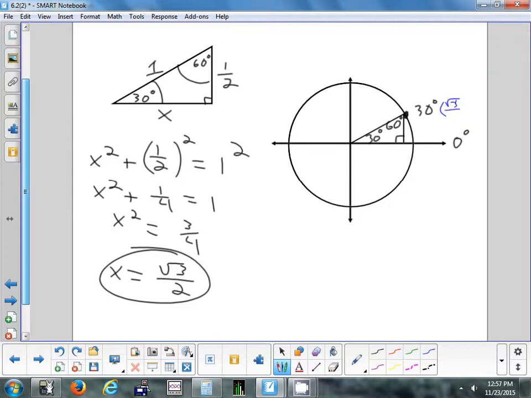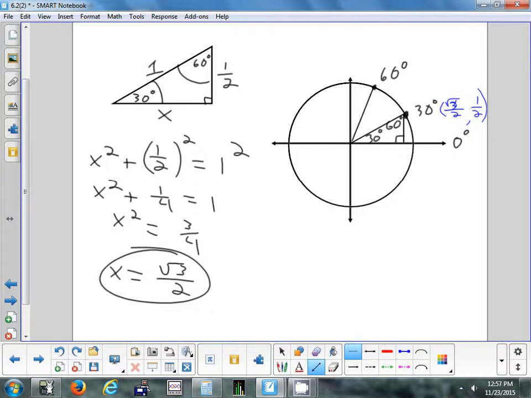And the height, 1/2. So there's your coordinate for 30 degrees.